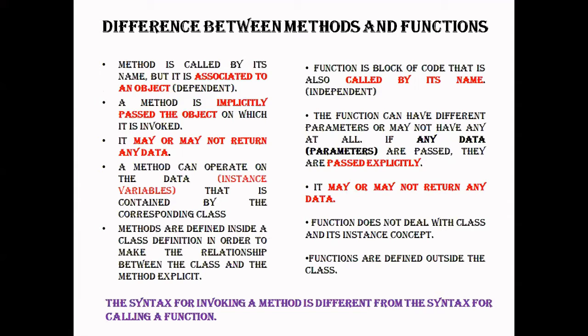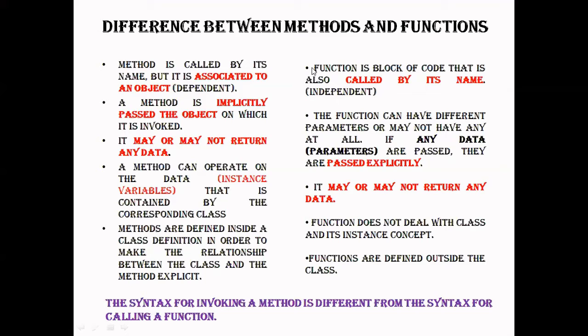Now in the previous class we saw what functions are, right? Now we should know the difference between methods and functions. So if you see here clearly, a method is called by its name, but it is associated with an object. Now let me see the function first.